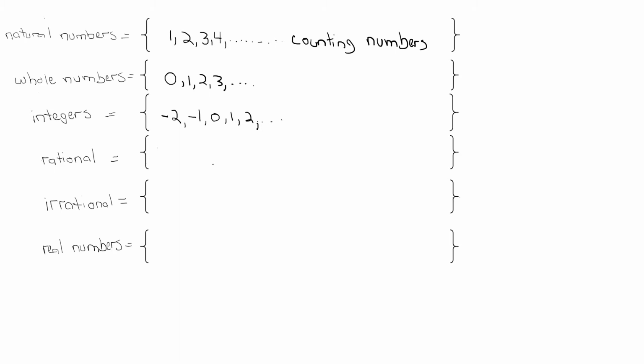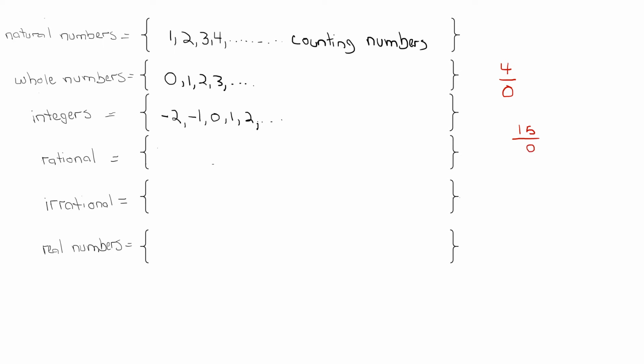With that being said, that means you're going to get some decimal numbers. Now, what I will warn you about, when you're dealing with rational numbers or any type of division problem, just remember that you cannot divide by zero. No matter what that number is, you cannot divide by zero.